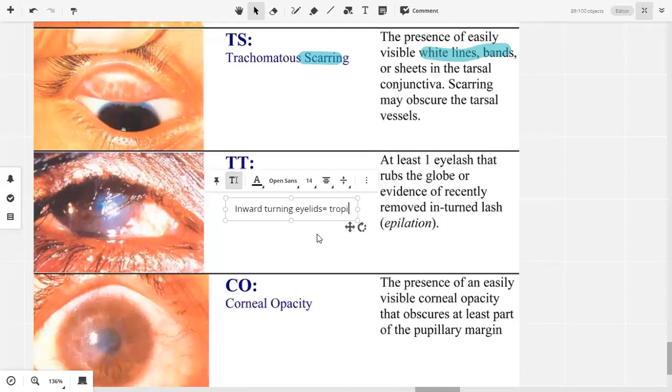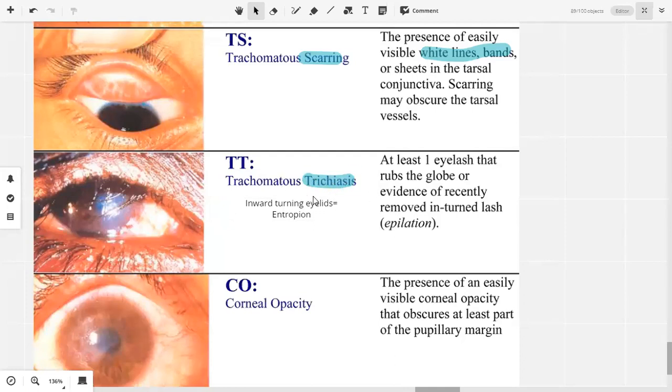Entropion, right? Entropion causes rubbing of the eyelashes against the cornea. The lid margin has turned inwards, so the eyelashes are rubbing against the cornea. This rubbing of the eyelashes against the cornea is called trichiasis.